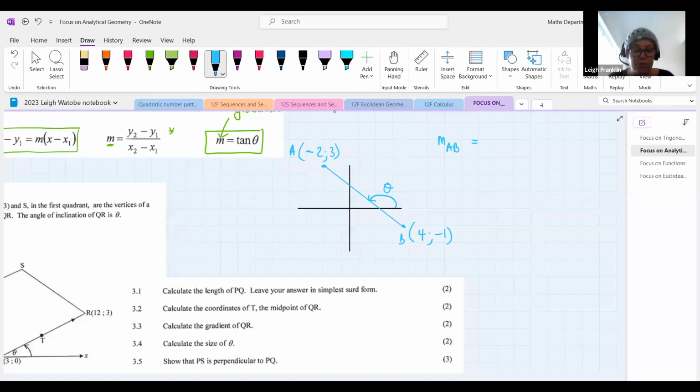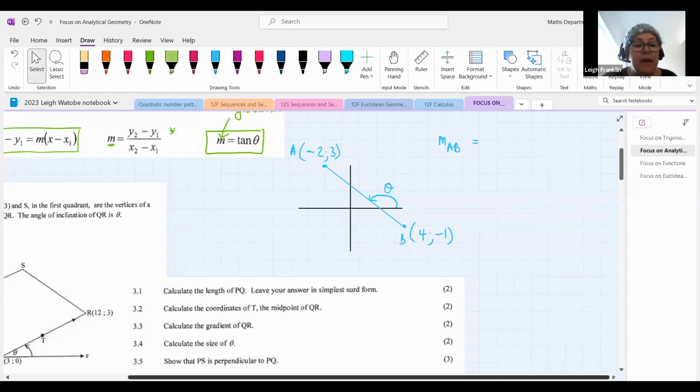What's also helpful in Euclidean geometry, when you are calculating the length of a line or the midpoint of something, is to label it like this so that the person marking your work knows what it is that you're trying to calculate. It makes life easier for them to understand what you're writing, and that in turn is good for you.